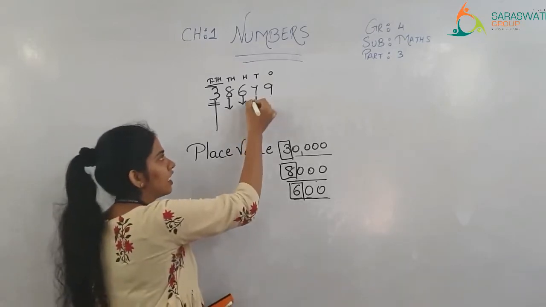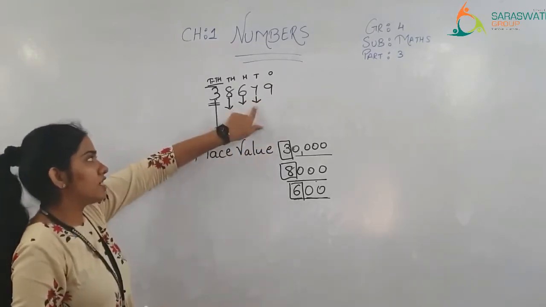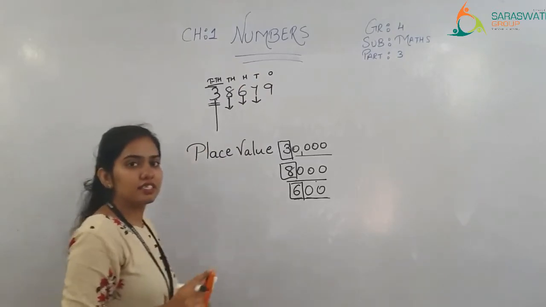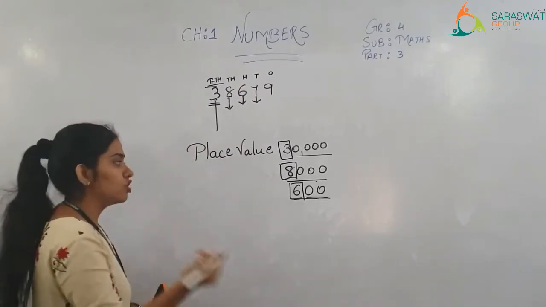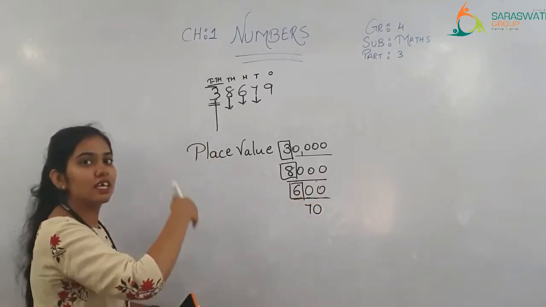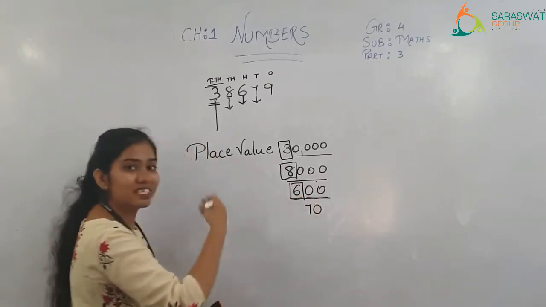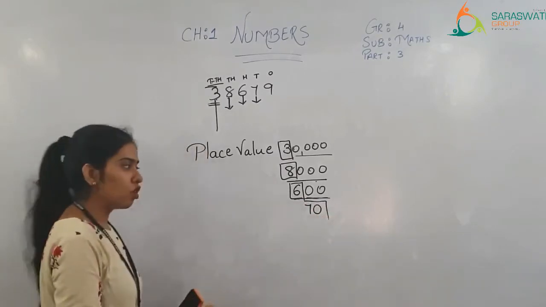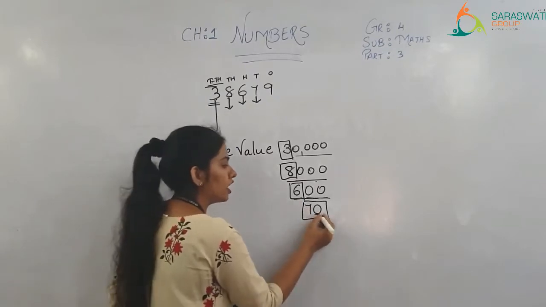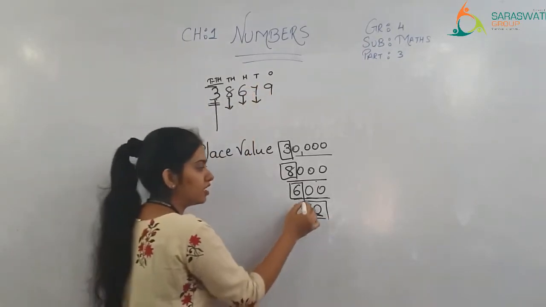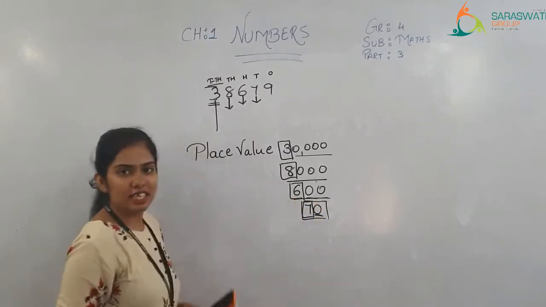Now after that, number 7. 7 is at the tens place. In tens there is only 1 zero. So we can say that 7 is multiplied 10 times, right? So we get 70. So 7 is followed by only 1 zero, and the face value of 7 will be the number itself, 7.